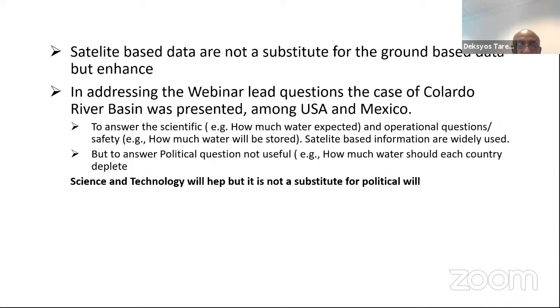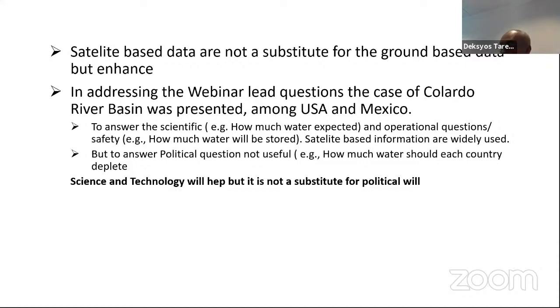So the point is, science and technology will help, but it is not a substitute for political will. That's for the satellite issue. As I said, the RMA team will compile the wrap-up and key messages, and that's what I have. I hand over to Dr. Musan. Thank you.